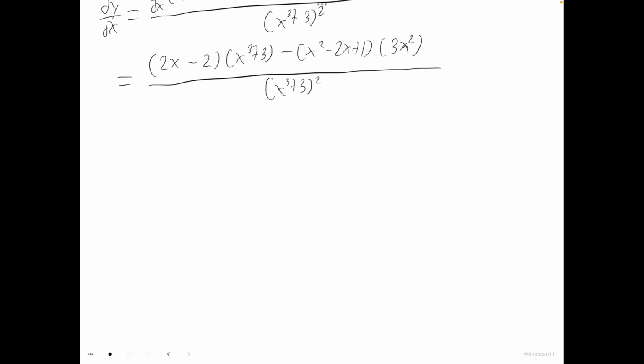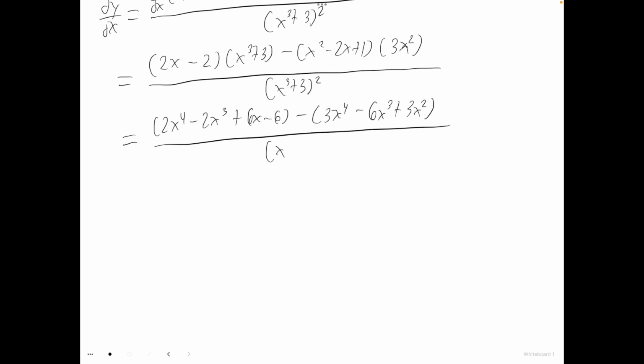So now let's multiply out our expressions. So we're going to get 2x to the 4th minus 2x cubed plus 6x minus 6 minus 3x to the 4th minus 6x cubed plus 3x squared, all divided by x cubed plus 3 squared.